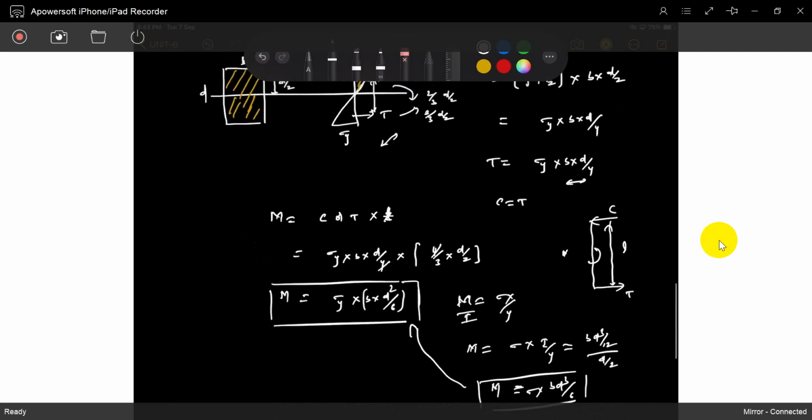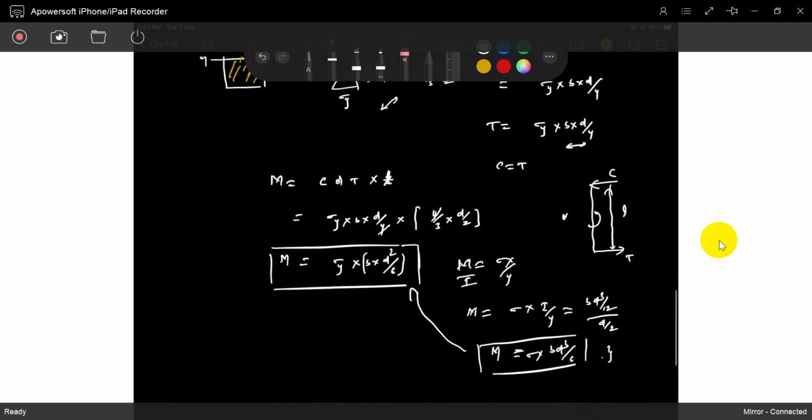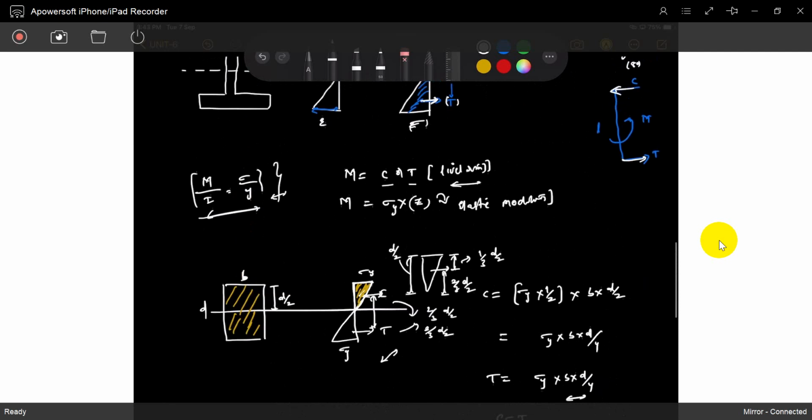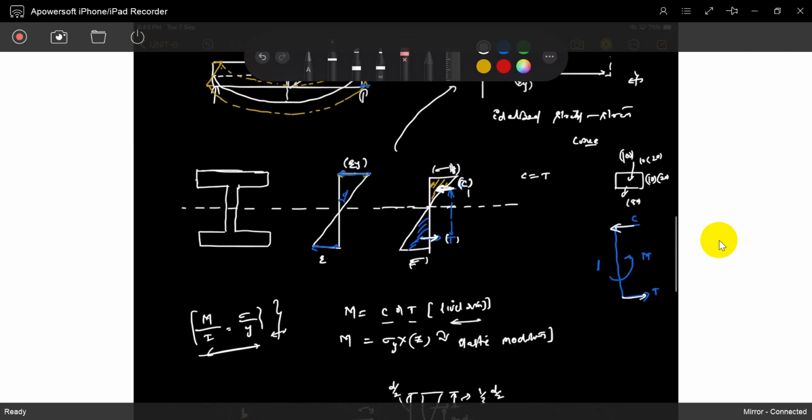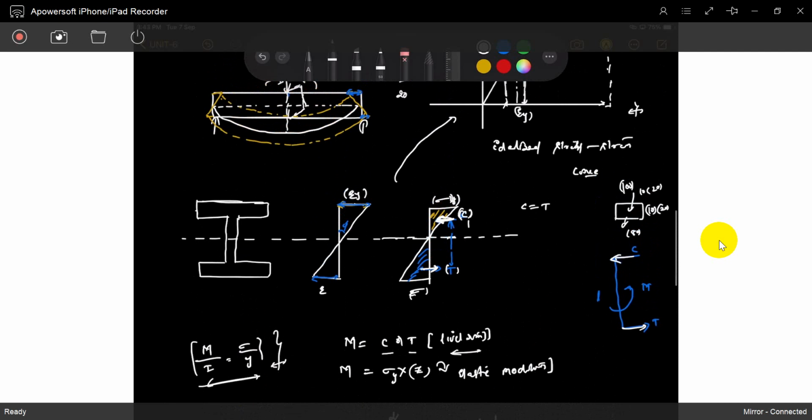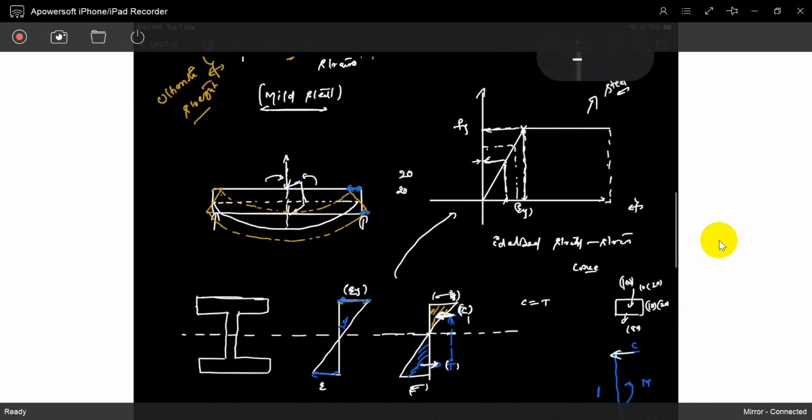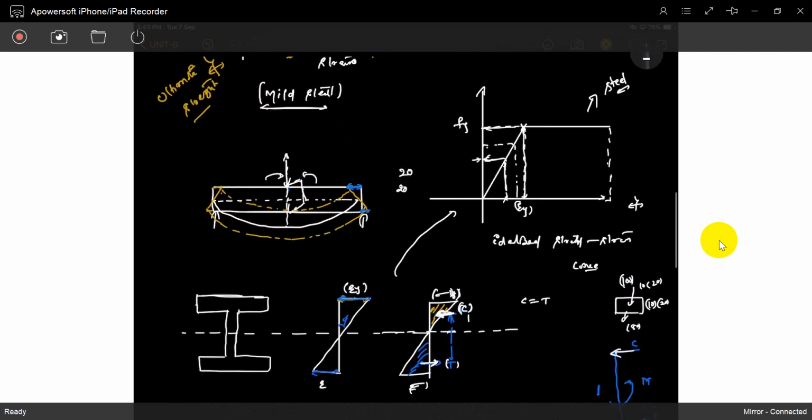So compressive force, tensile force. This is just a formula, b d square by 6. This is out of topic. You already know it from strength of materials, but I will give the idea again. Up to yield stress, we feel that the section has a capacity of yield stress only. We take sigma y as the last point.